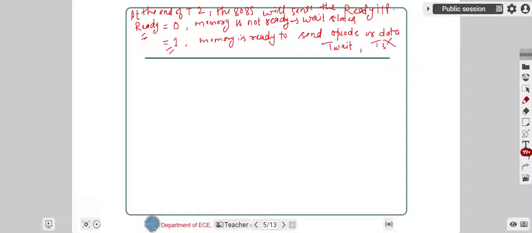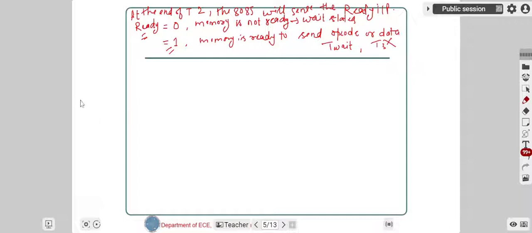So it is the responsibility of the system designer to introduce an appropriate number of wait states if the memory or peripheral devices that are connected to your CPU are slower than your CPU.